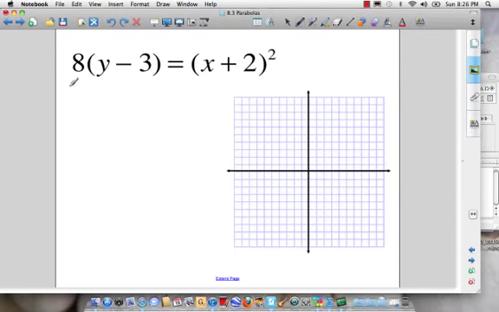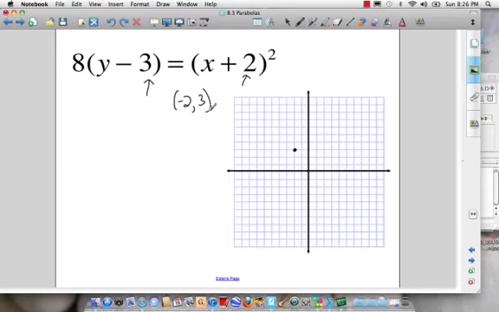Okay, so here's what you need to be able to do. If I give an equation of a parabola, you need to be able to graph it as well as locate the directrix and focus. So right off the bat, (h, k) here, well remember h comes from the x and k comes from the y, and it's that same opposite thing that we've seen many times this year. So the vertex is (−2, 3).